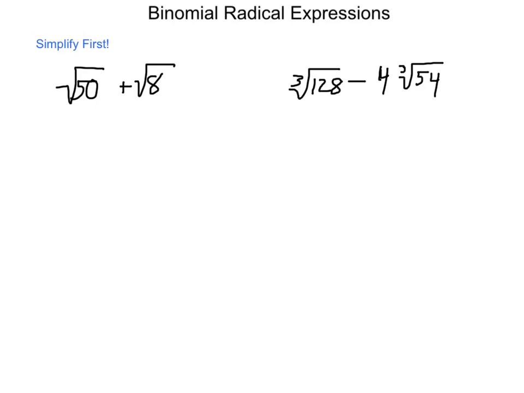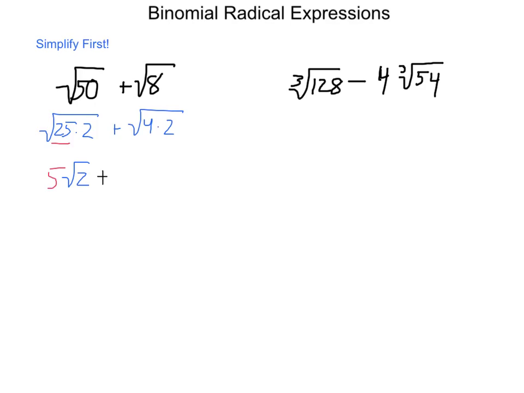So the square root of 50 is the square root of 25 times 2, and to that we're going to add the square root of 8, which is the square root of 4 times 2. Square root of 25 I can work with. That is 5, leaving me with a square root of 2 behind.